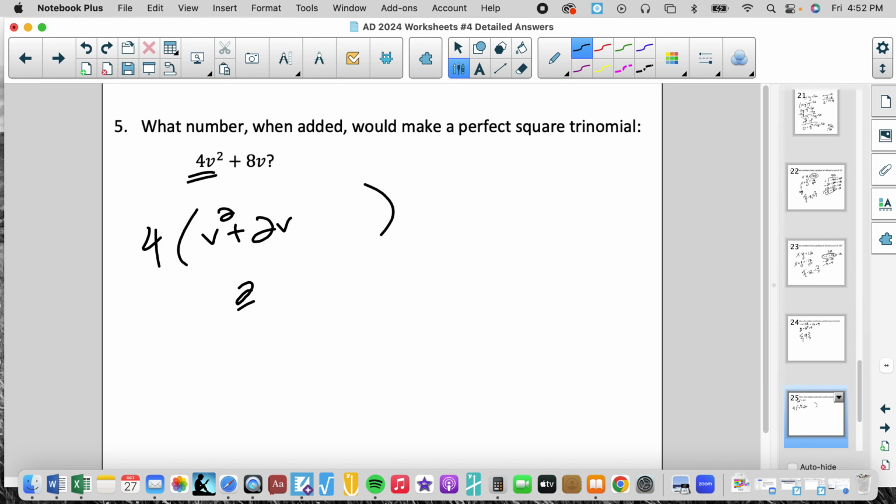So half of 2 is 1, 1 squared equals 1. So you would add 1, but in this case I would have to redistribute this back out, and we would notice that it would have to be adding 4. So that's a little tricky.